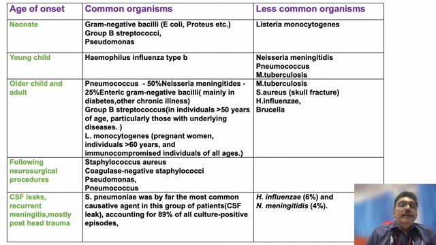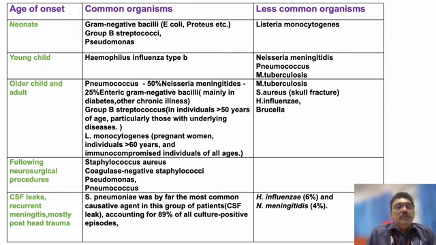But remember, in extremes of age, like neonates and very elderly people, most of the time this is due to Listeria monocytogenes. Listeria is an organism common in patients at extremes of age. We have to remember that, because the antibiotic of choice in Listeria is different from pneumococcus or Neisseria meningitidis.